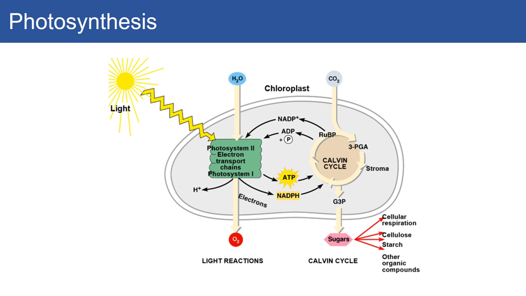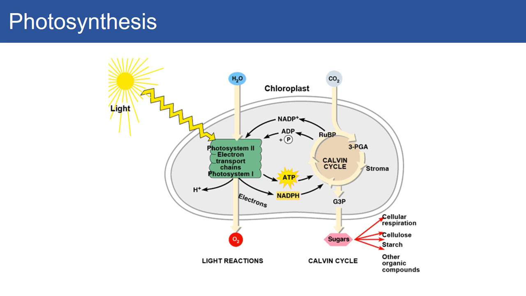These are light independent reactions, but they use the energy produced and stored from the light reactions to incorporate CO2 into an organic molecule called PGAL, which is later converted into sugar. That's the general gist.